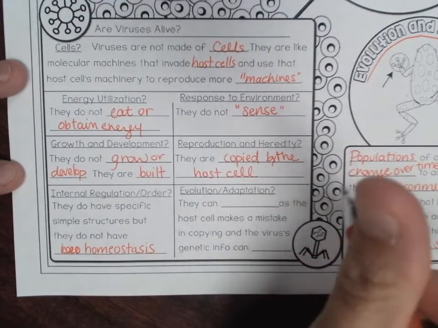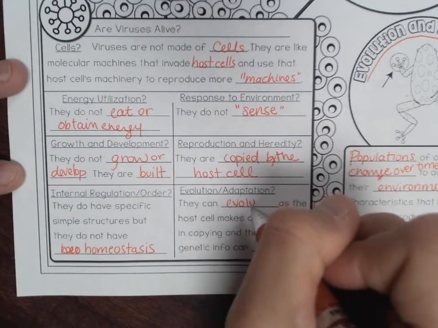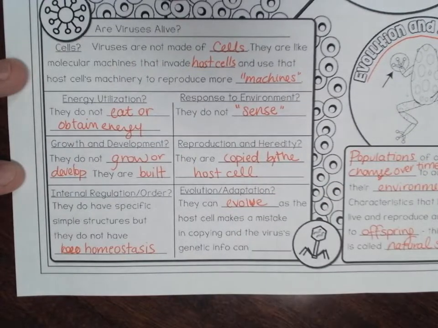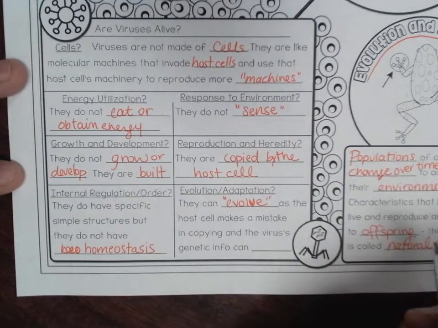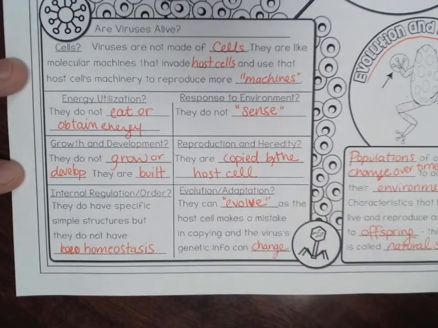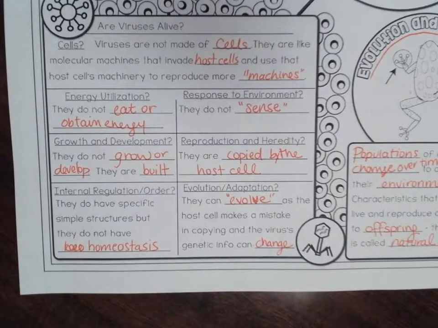Viruses actually do kind of go through an evolution process, except I wrote evolve, that's a V, E. Okay, they kind of evolve because their genetic code can change, and therefore they can then kind of do different things the next time around that they go invade a different host. But again, they're not really ever alive, so it's not the same thing. There's no species changing. And so if the host cell makes a mistake in copying, the virus's genetic code then can change. Okay? All right.